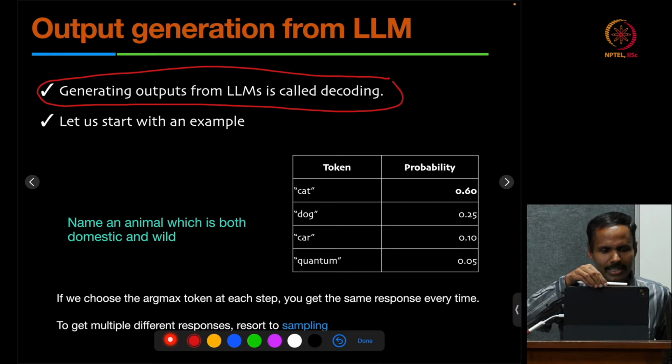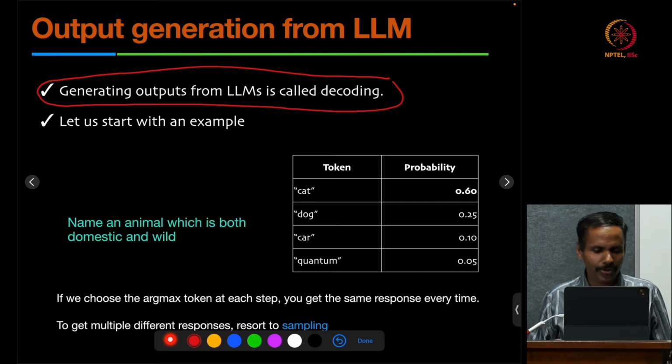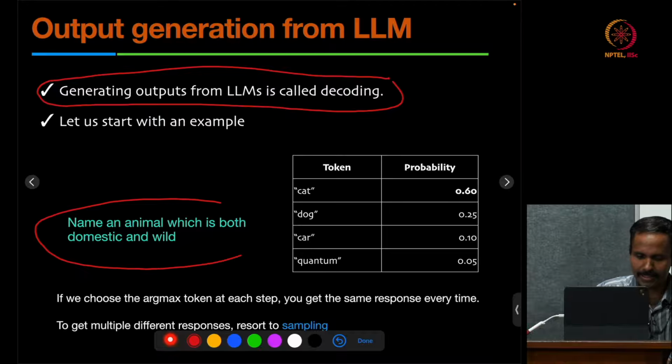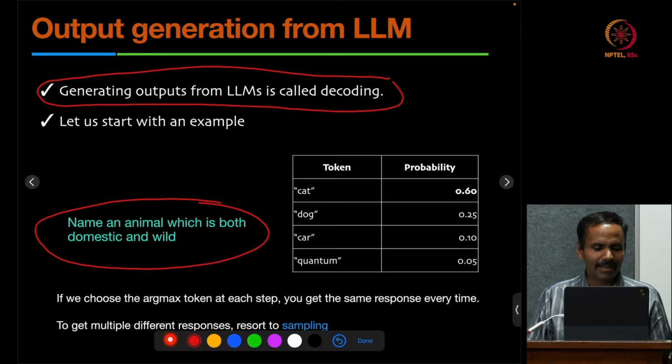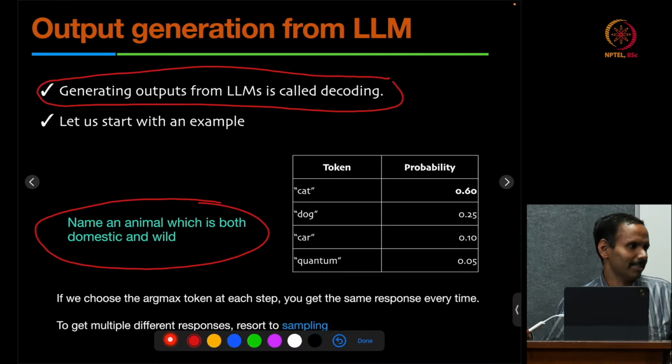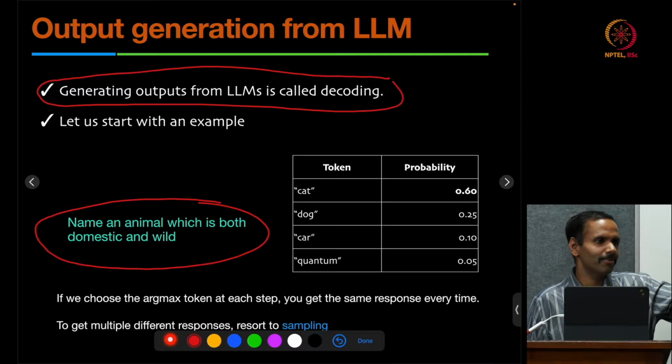So now let's get back to this output generation discussion. Suppose, for curiosity, you ask a large language model: name an animal which is both domestic and wild. When the model starts generating the tokens, every token it generates, it then uses as the input.